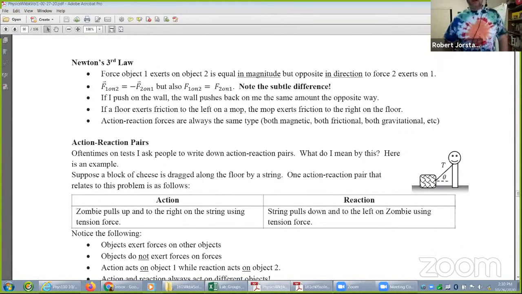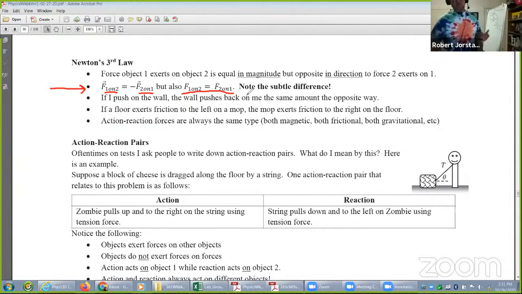Okay. So it's between two objects and it's the same two objects. I just want to point this out. Notice this bullet carefully. Hopefully this makes sense when I say F1 on 2 equals F2 on 1, but F1 on 2 equals negative F2 on 1.